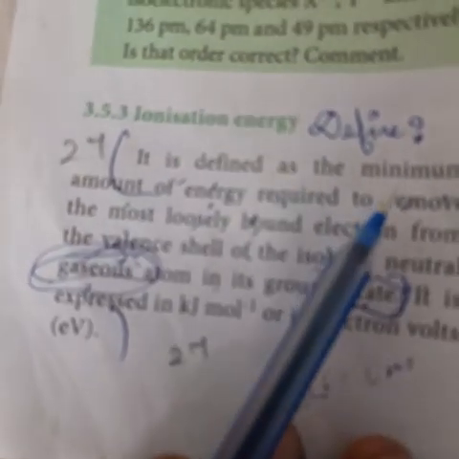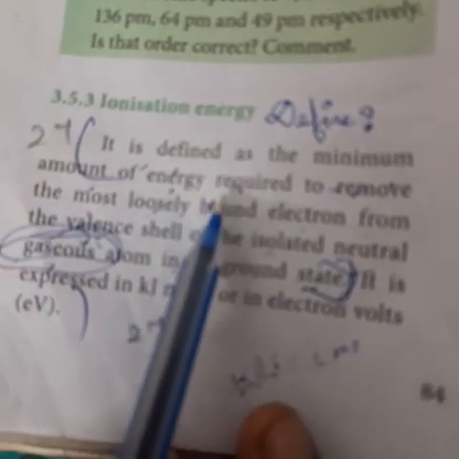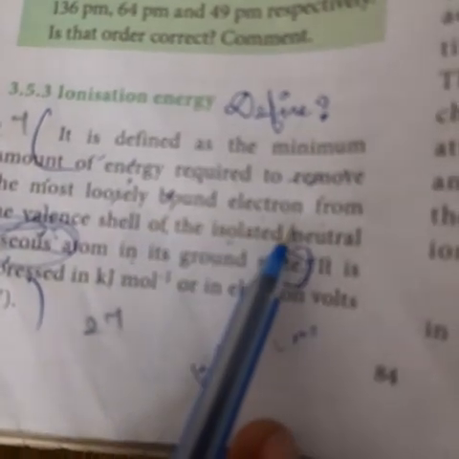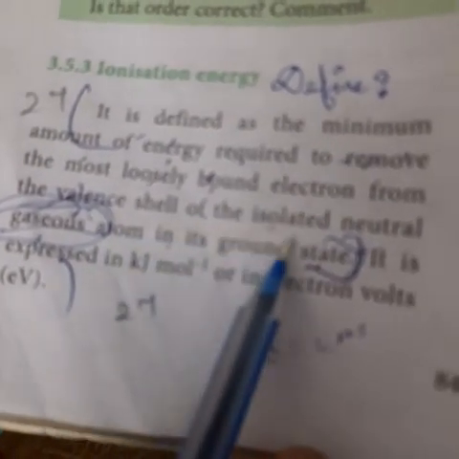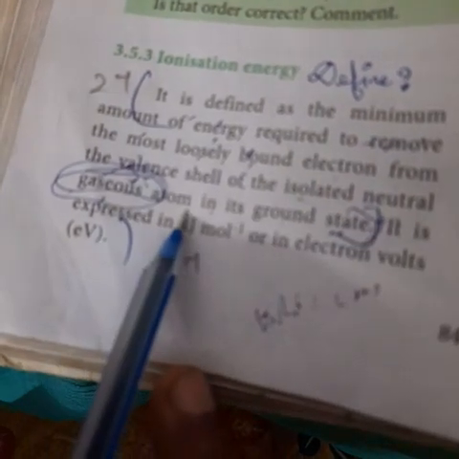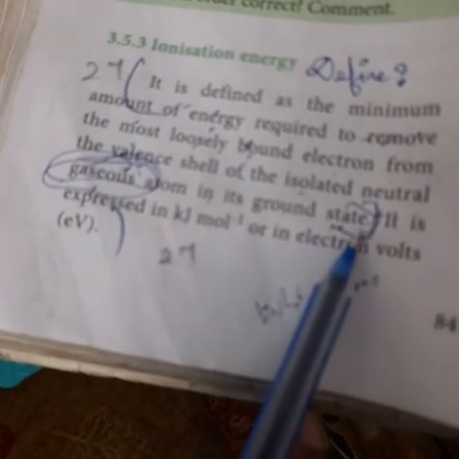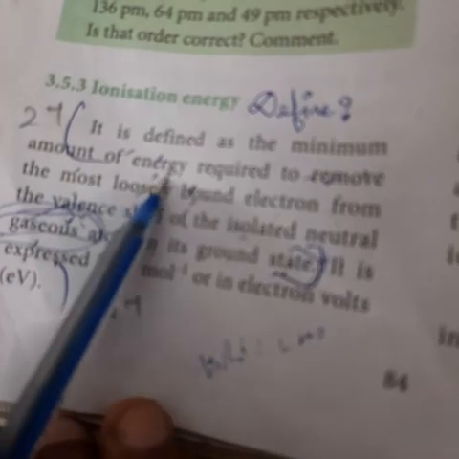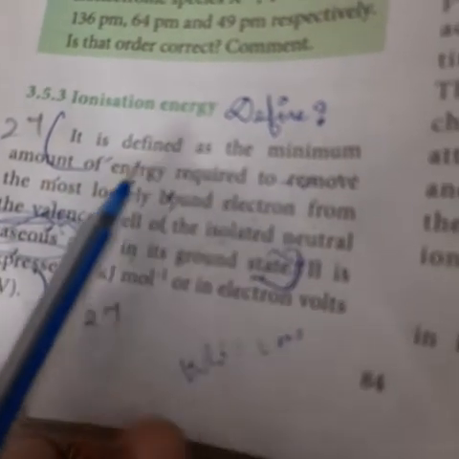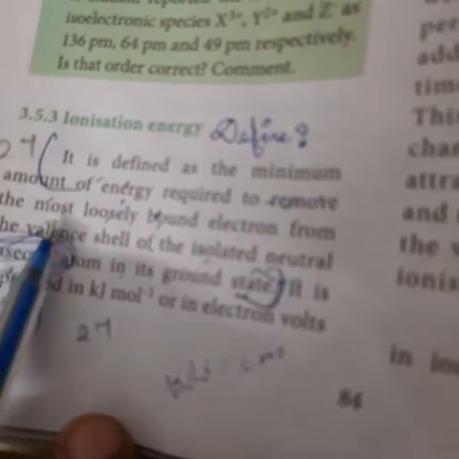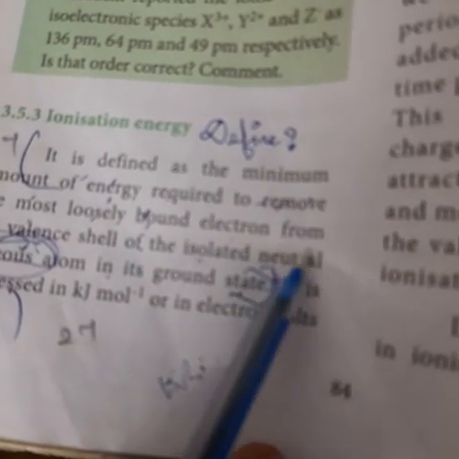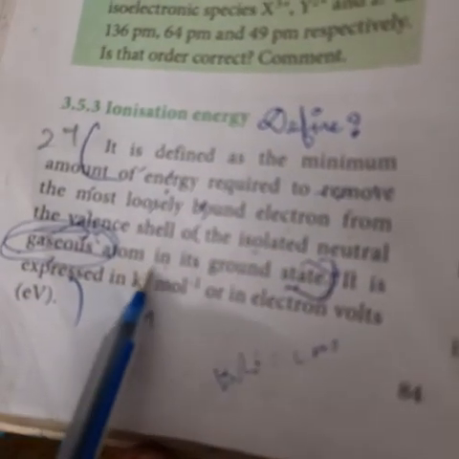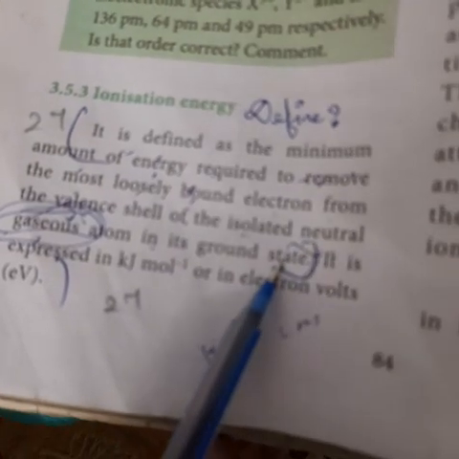It is defined as the minimum amount of energy required to remove the most loosely bound electron from the valence shell of the isolated neutral gaseous atom in its ground state. Up to here you mark.